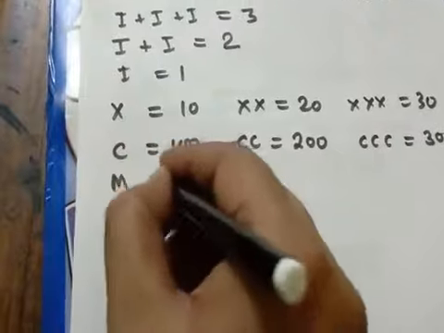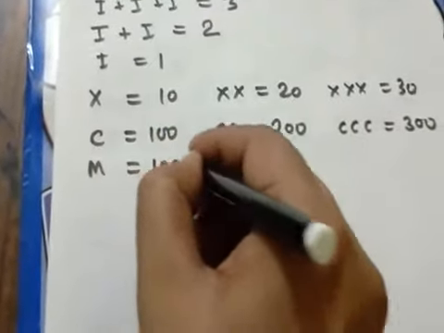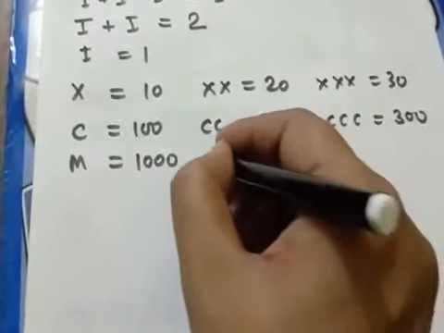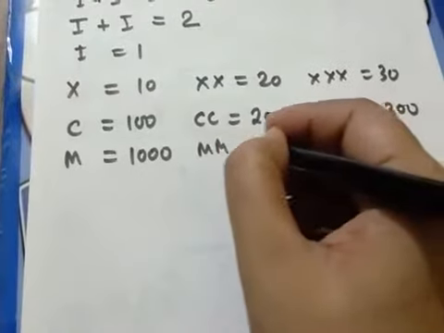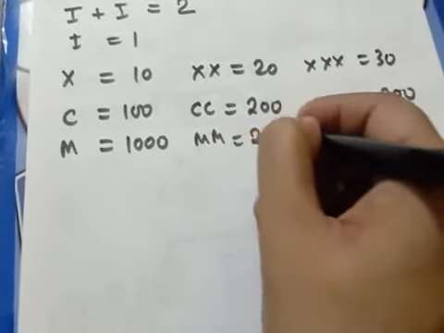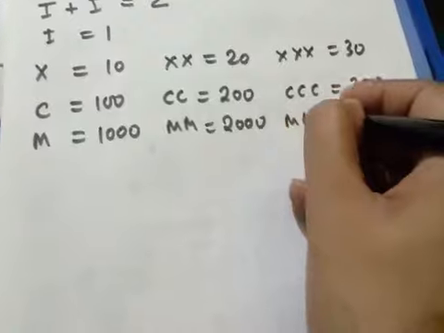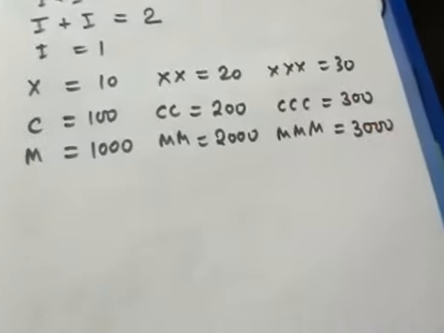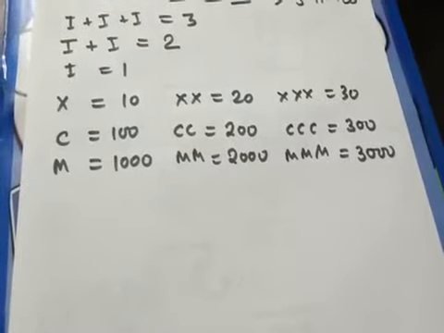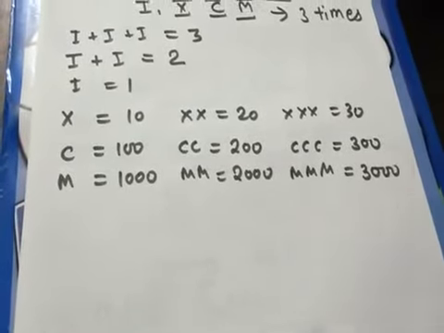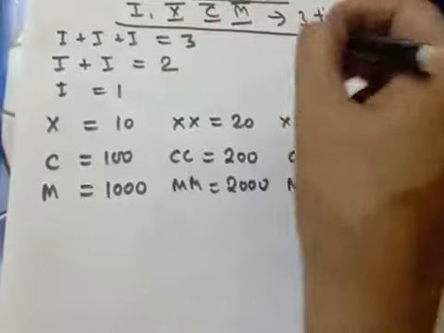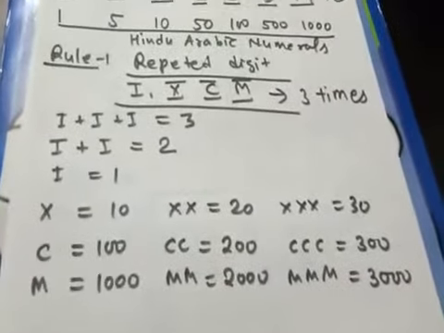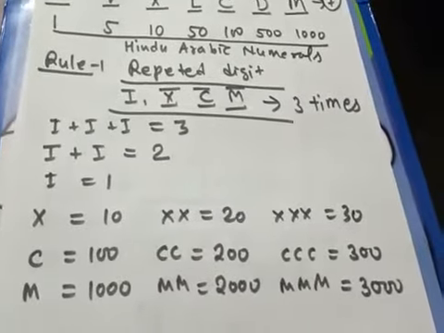Taking the symbol M, the value of M is 1000. Two times M becomes 2000, and up to 3 times becomes 3000. So you can see that we can repeat only 4 symbols in the Roman system: I, X, C and M.